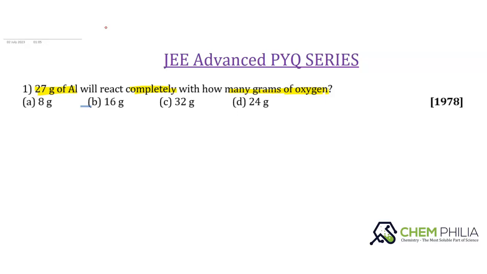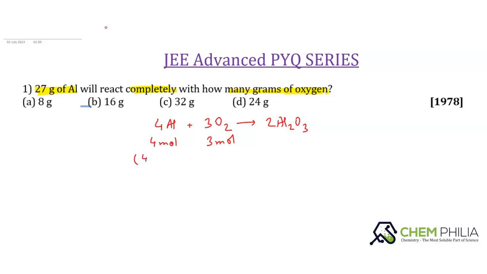So we have to write the complete balanced equation, and the equation is 4 aluminium plus 3 O2 gives 2 Al2O3, right? So 4 moles of aluminium reacts with 3 moles of oxygen.